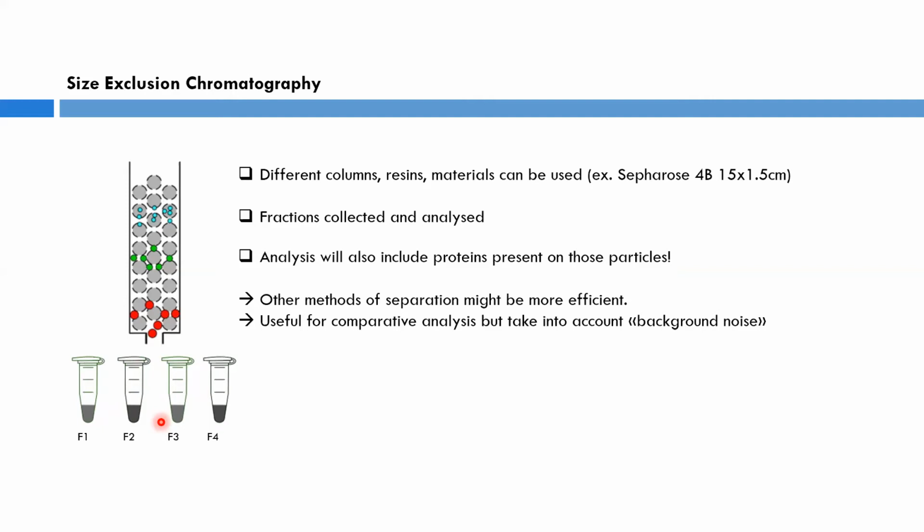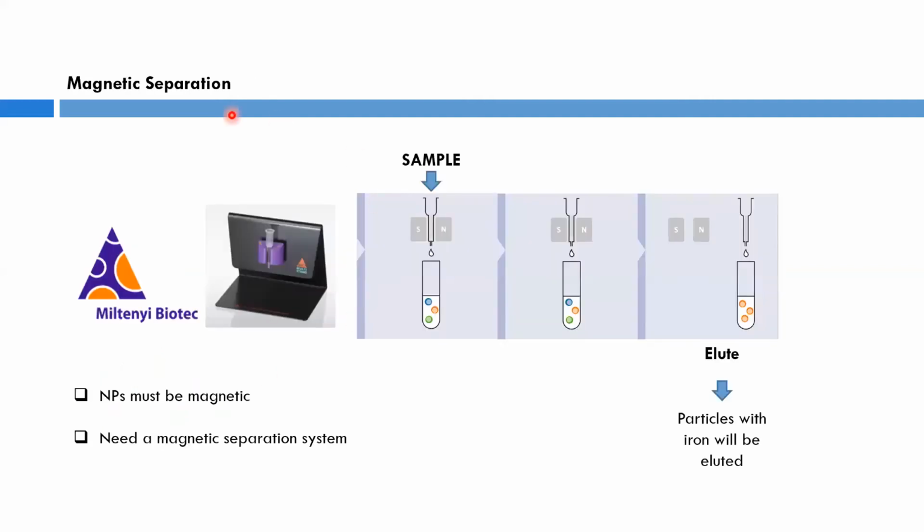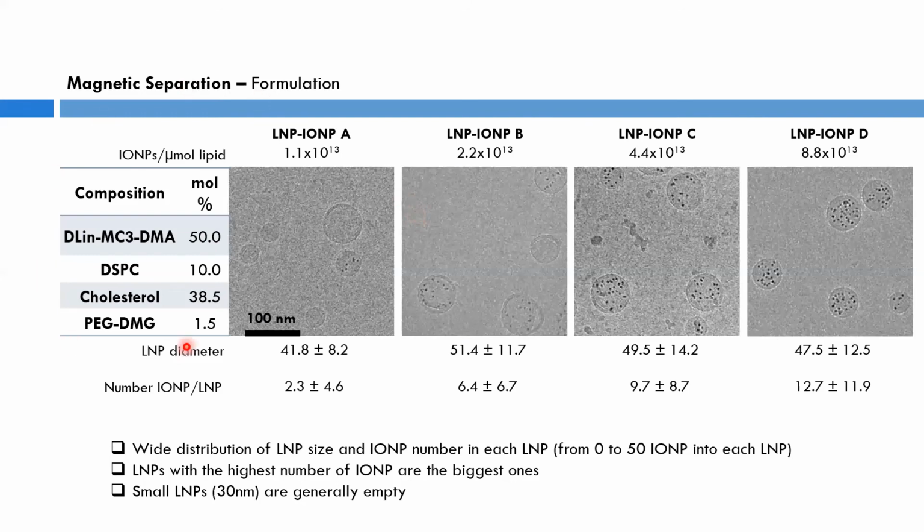Therefore, in our lab, we decided to use another technique, which is magnetic separation, which is able to retain magnetic nanoparticles in a magnetic column. However, to do so, we first need to have these magnetic LNPs, and therefore we formulated LNPs that are magnetic based on the composition of Onpattro, as listed here, and with increasing amounts of 5 nanometer iron oxide magnetic nanoparticles in their core.